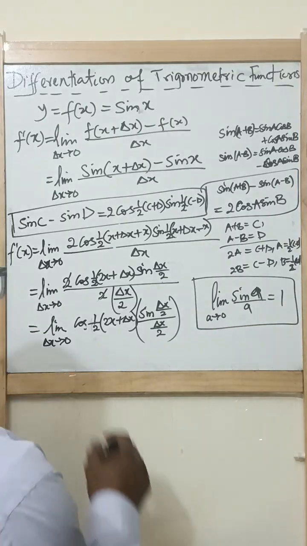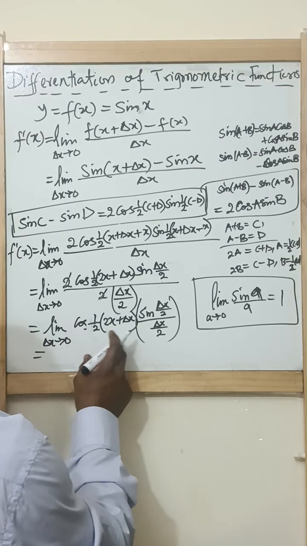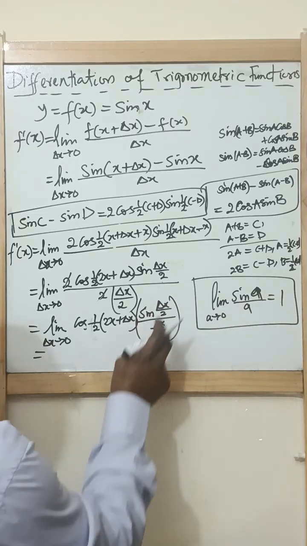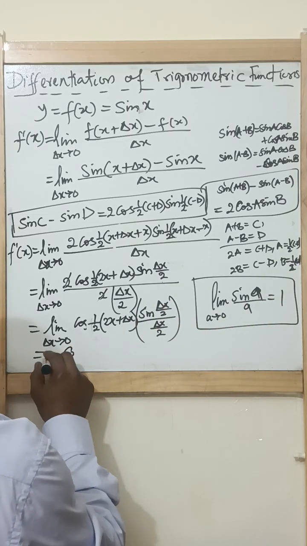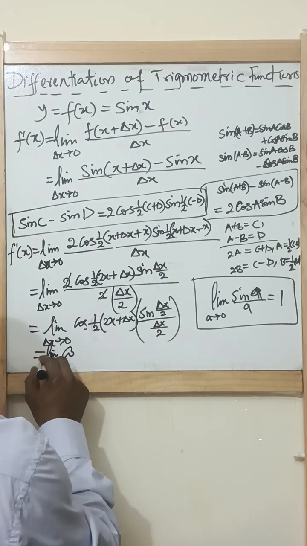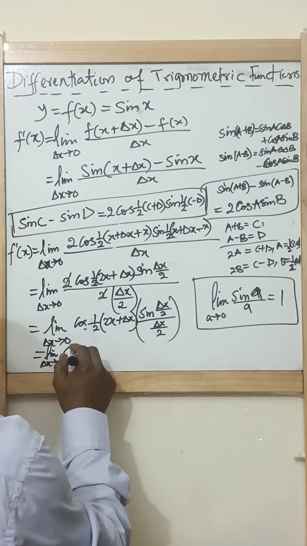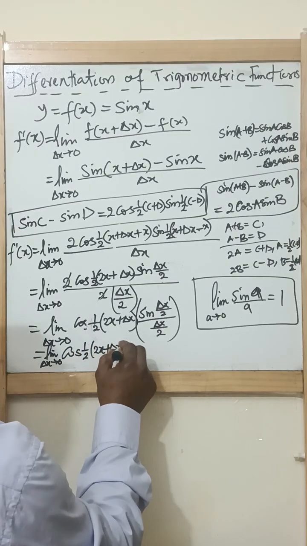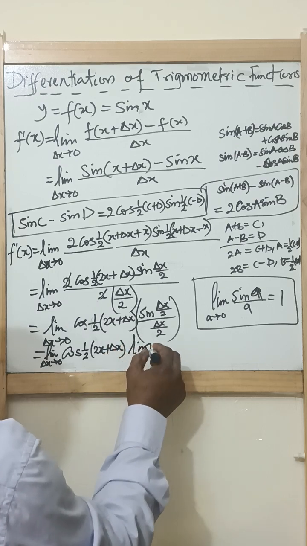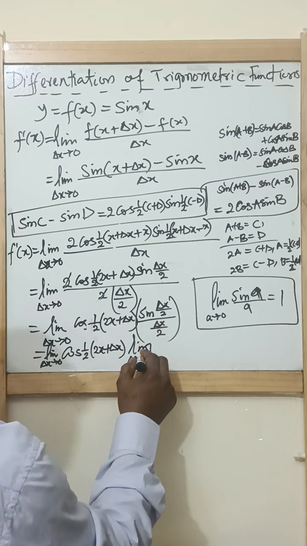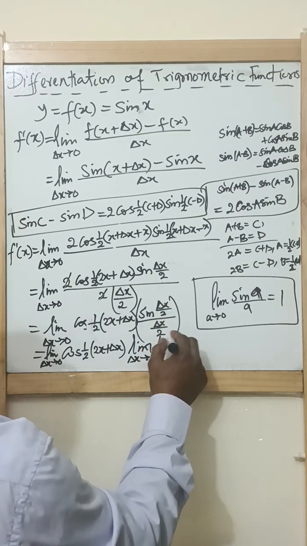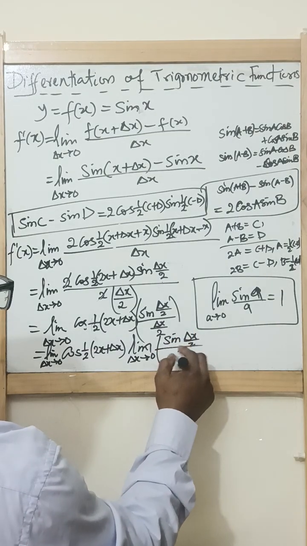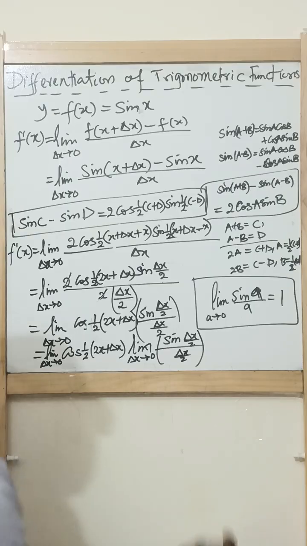When we substitute this, we have the limit as delta x tends to 0 of cos of 1 over 2 times 2x plus delta x, and the limits can be split into different parts, including sine of delta x over 2 all over delta x over 2.